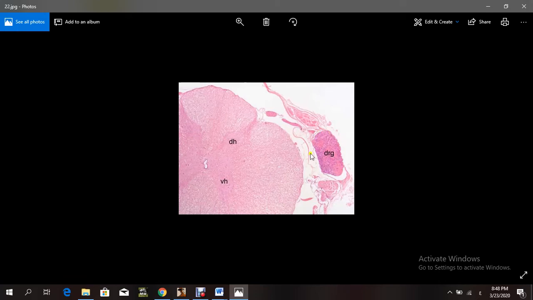Again, this is the dorsal root ganglia. Their fibers go to the dorsal horn or dorsal root, and this is the ventral horn or ventral root of the gray matter, which has motor or efferent fibers, while here are afferent fibers.